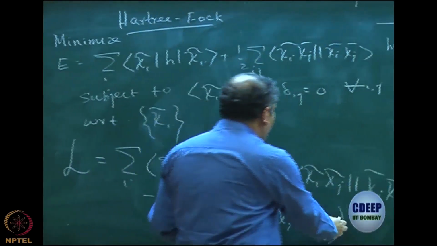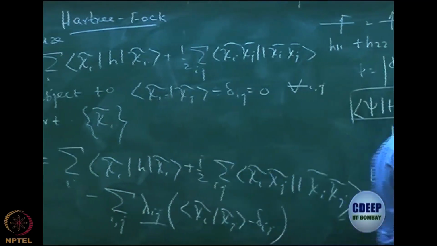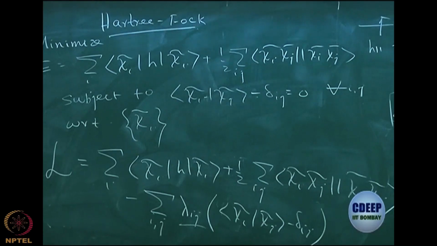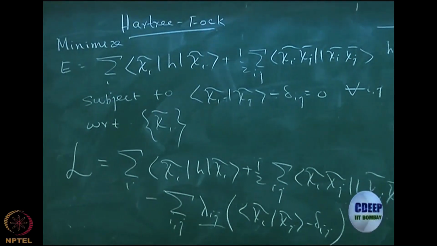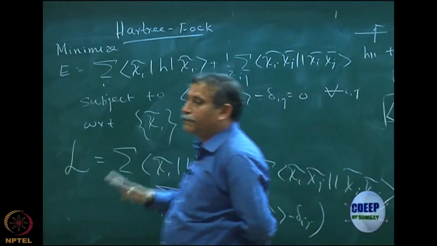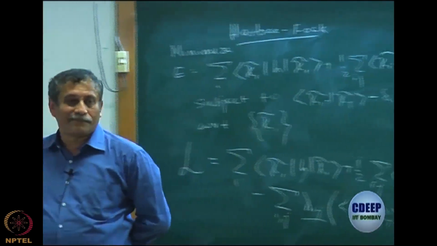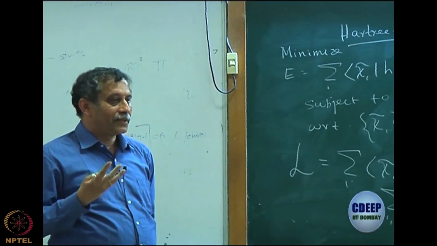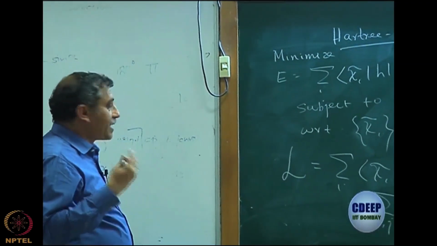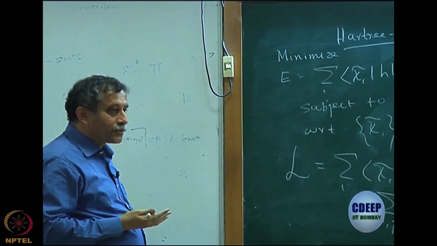So this should be equal to 0, which means my condition is automatically fulfilled. So if I vary this Lagrangian with respect to chi I tilde and lambda Ij, I am assured that in the process of variation, my condition is fulfilled. So that was the main objective.